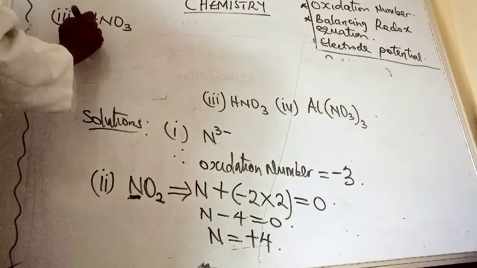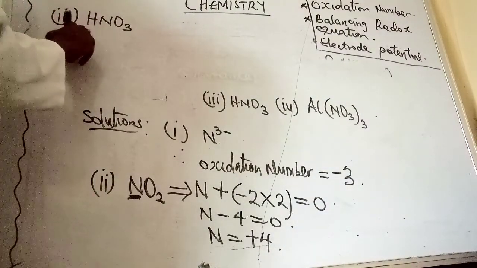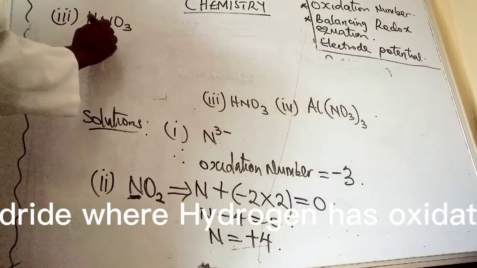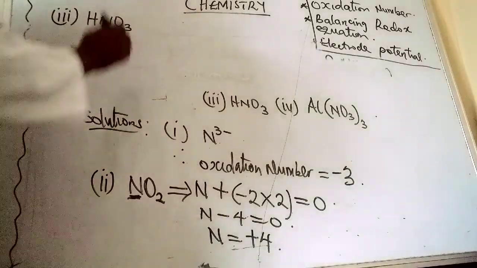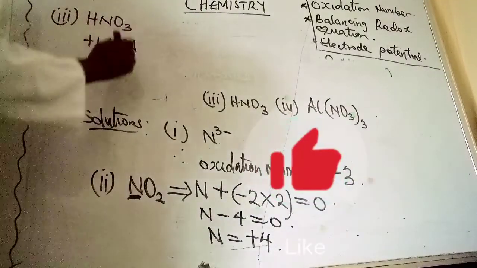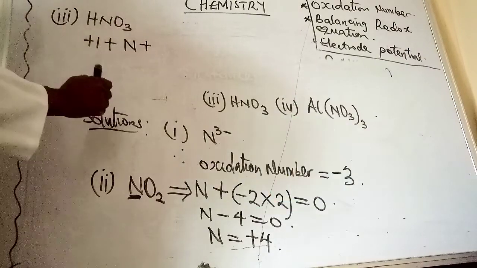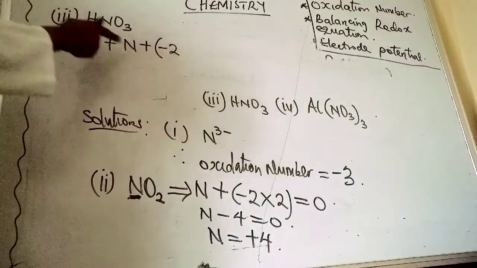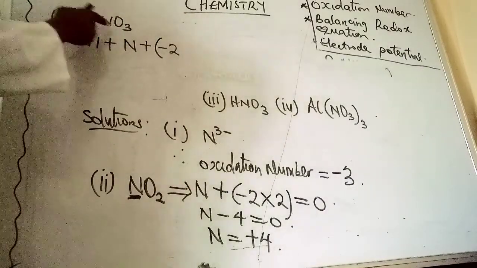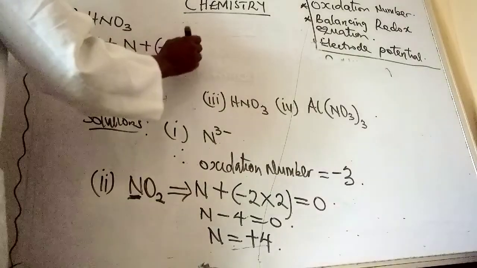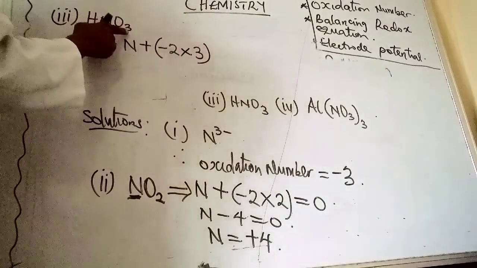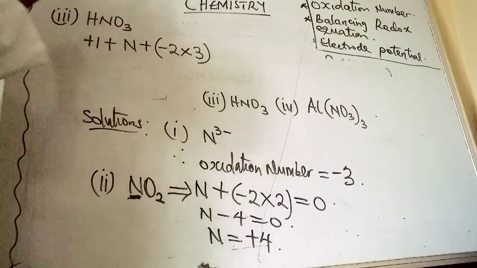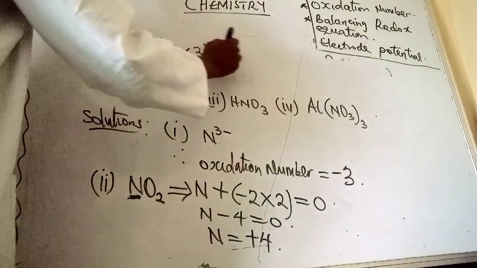That means oxidation number of hydrogen is +1, then plus nitrogen we are looking for, plus open bracket -2, which is the oxidation number of oxygen, then times 3, because we have 3 atoms of oxygen, and that 3 is affecting only oxygen. Everything will be equals to 0.